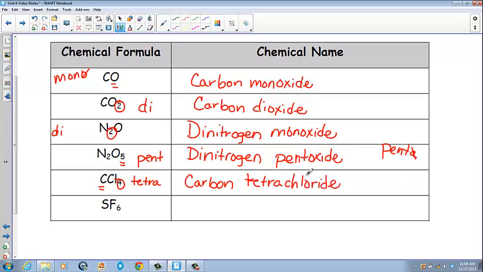All of the endings of binary compounds have to end with IDE. Okay? And then the last one here, sulfur. And then we have 6 fluorines. So that's going to tell us that we're going to use the prefix hexa. And we're going to say hexafluoride.